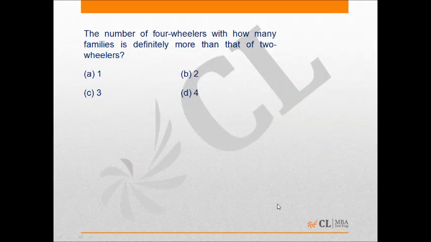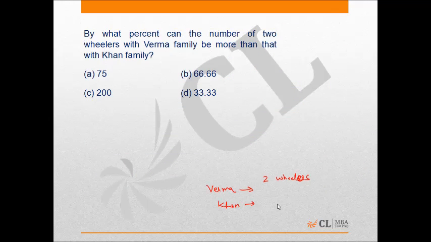What is the percentage change? I have taken 3, 0, and I have taken 1, 3. So how much more, it is 3 minus 1 on a base of 1, and if I multiply with 100, I'll get 200%, which is your option number C.